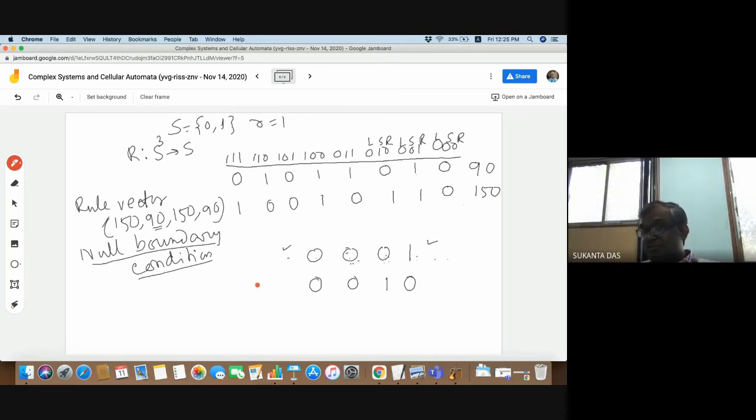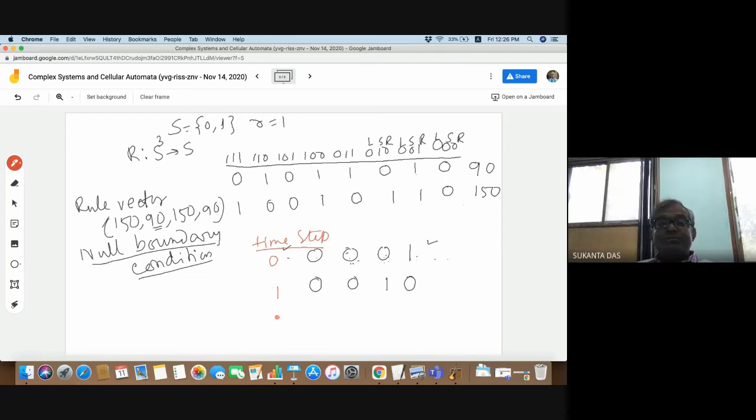There is no asynchronism, the system is synchronous. All cells are updated simultaneously. So this is time step 0, and if I plot the time steps here, it is time step 0, time step 1. In the first time step, I get this one.